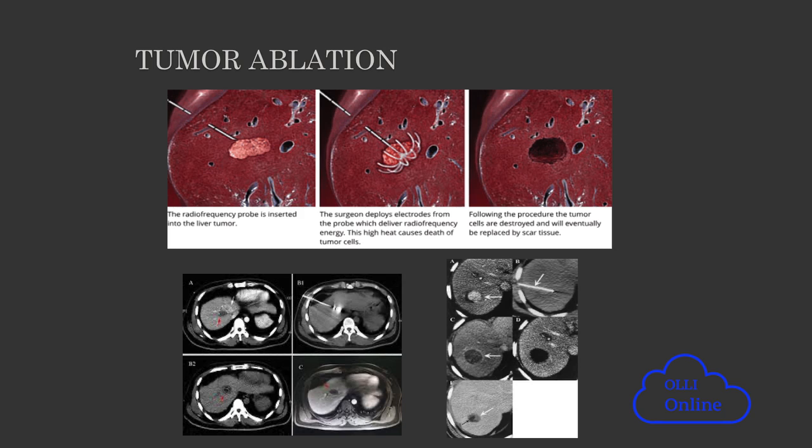This is an example of radiofrequency ablation, and you can see here the needle entering the liver, and there's a mass there in the liver. After it's done, it shows up as kind of a black spot that has no more enhancement, and the tumor has been successfully treated. These things used to require big liver resections and stuff like that, and now we send them home the same day. So, pretty cool.